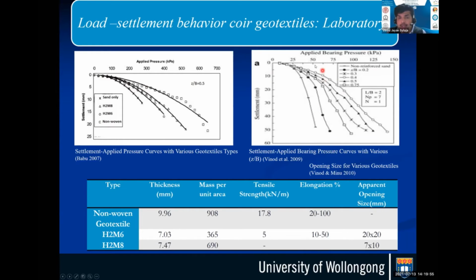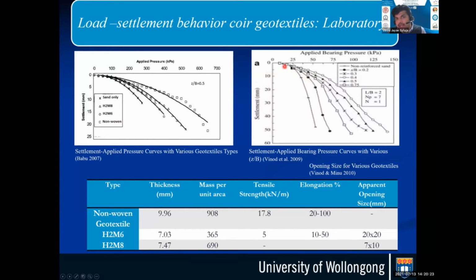Now, this is another experimental study carried out to look at the bearing pressure and the settlement for different reinforcements of coir geotextiles placed at different depths. Similarly, you can see here non-reinforced sand, and if you reinforce with different coir geotextiles, there is an increase in the applied bearing pressure.